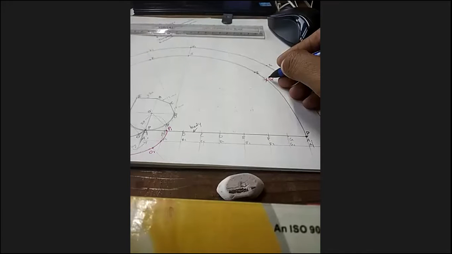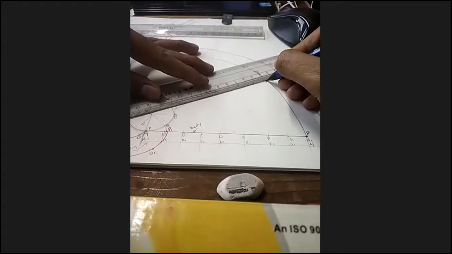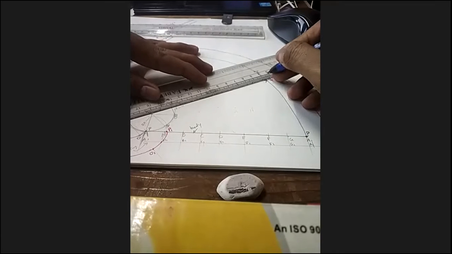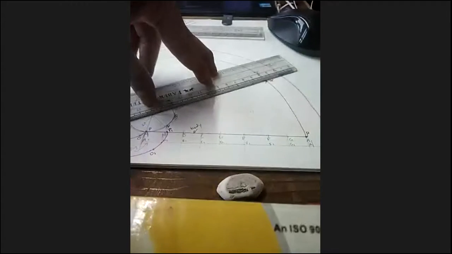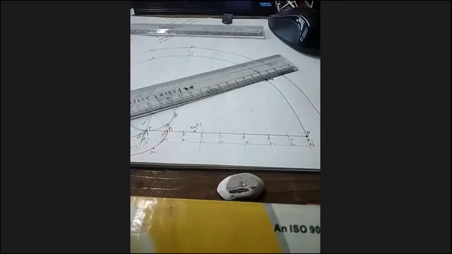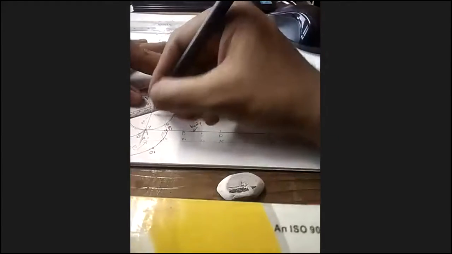Now, that point will be joined with the center. Center of the base shape or say pole.